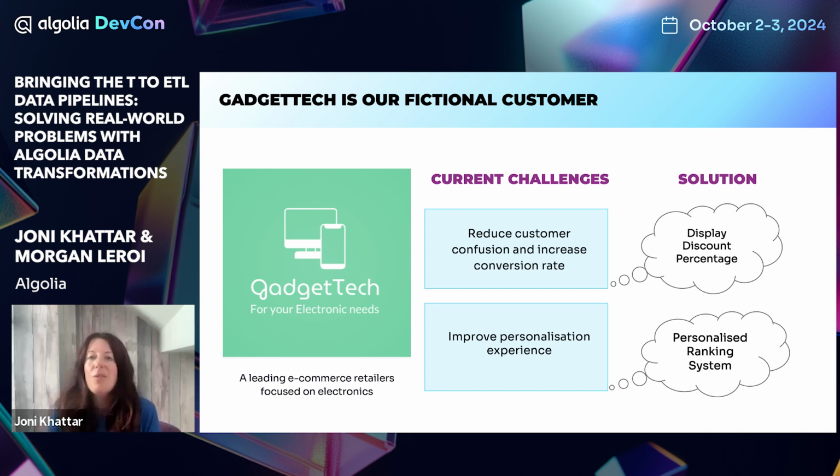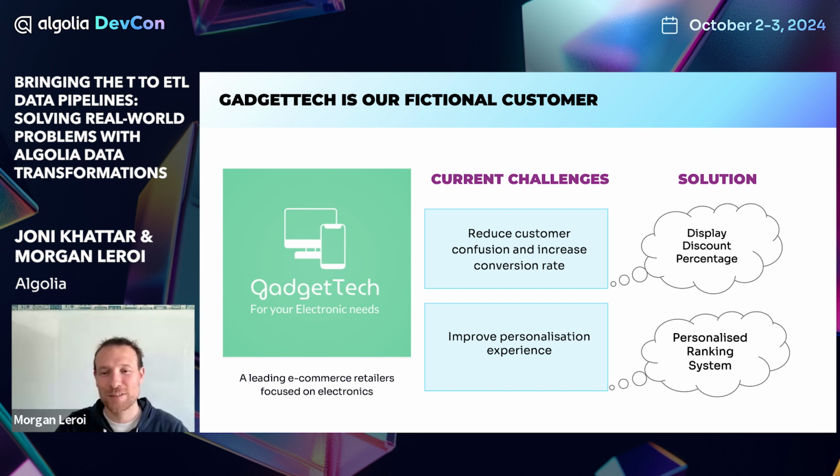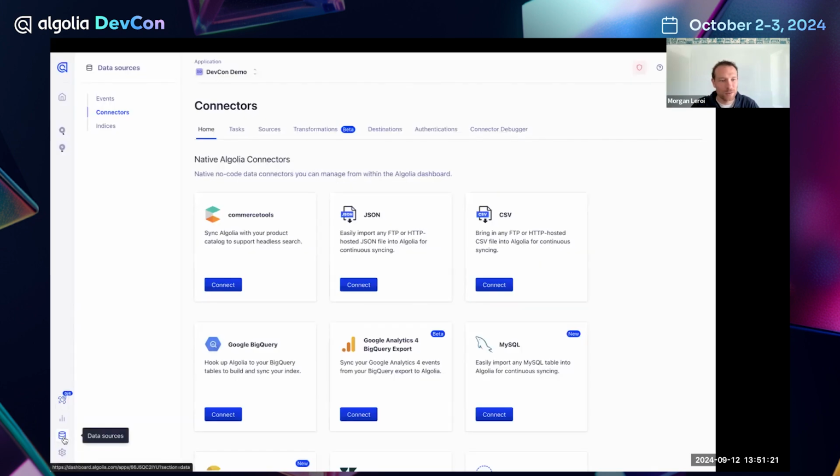Morgan, would love to see how we can solve some of these challenges within the data transformation features. Yeah, thanks, Joni. The requirement seems pretty clear to me. And I think that thanks to our new transformation step, we should be able to do that. Okay, so here we are in the Algolia dashboard. We are under the data sources section, connectors, and we are in the data hub.